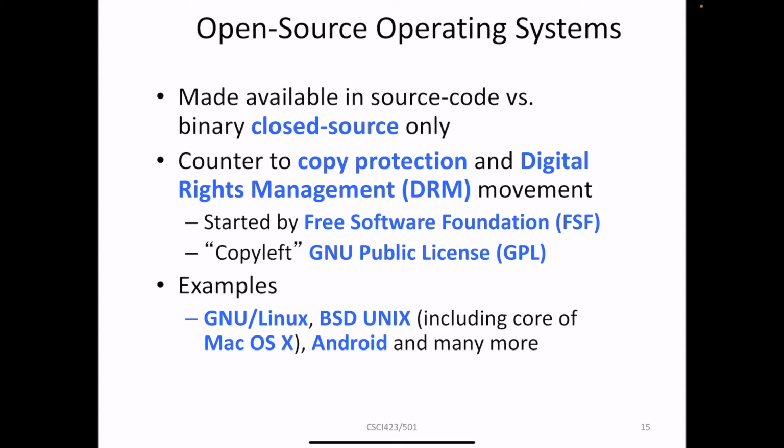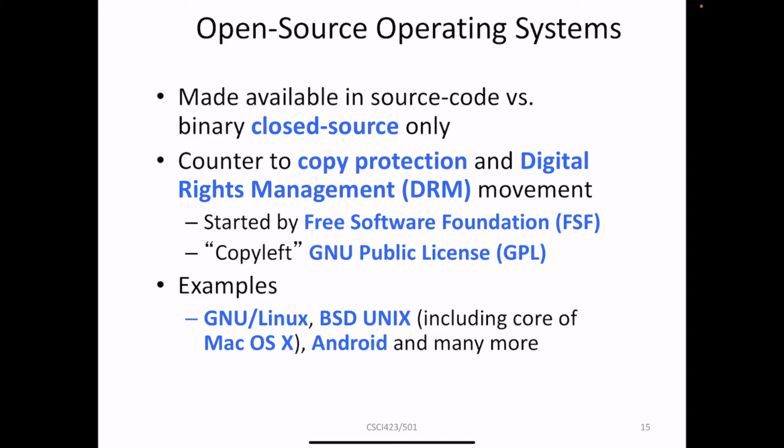There are a number of examples of open source operating systems. For example, GNU Linux, and the Linux you installed in the virtual machine is also an open source operating system. I know most of you use a Mac OS, and most of the Mac OS is actually under copyright.